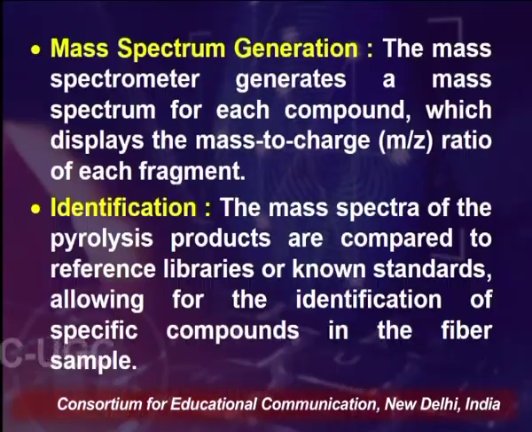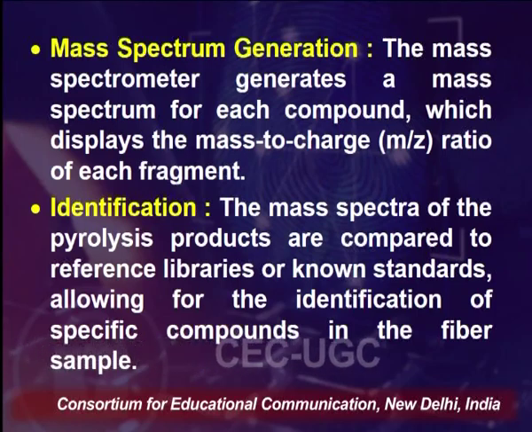As the sample is ionized and has a mass, on the basis of its mass by charge ratio we get peaks in the mass spectrum. The mass spectrum for each compound displays the m/z ratio of each fragment, and this spectrum tells us about the different components.